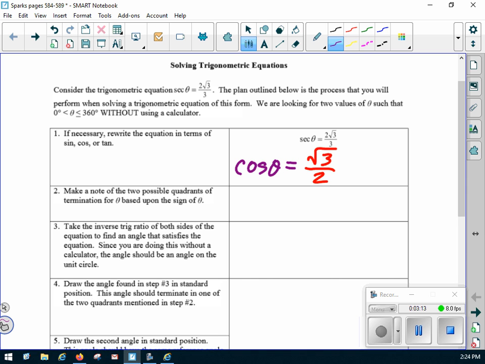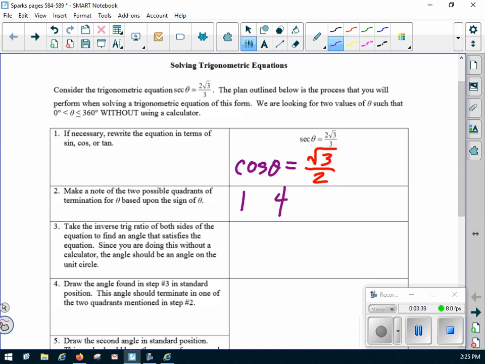Make a note of the two possible quadrants of termination for theta based on the sign of theta. He really means of the trig function. Is cosine theta positive or negative? What two quadrants have a positive cosine? 1 and 4. So, I know that my angle is going to be in quadrant 1 and quadrant 4.